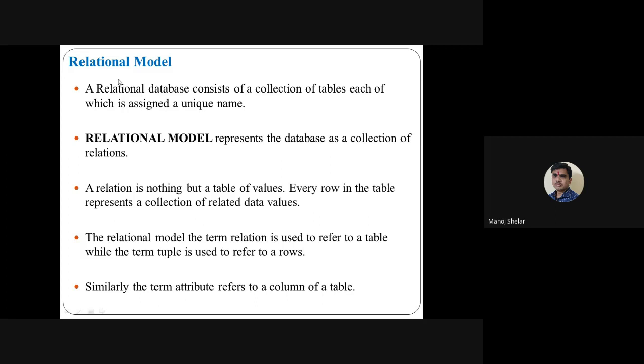A relational database consists of a collection of tables, each of which is assigned a unique name. So what is a relation? Relation means a table. And what is the relational model?